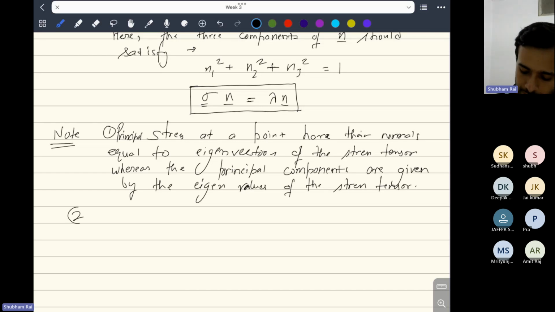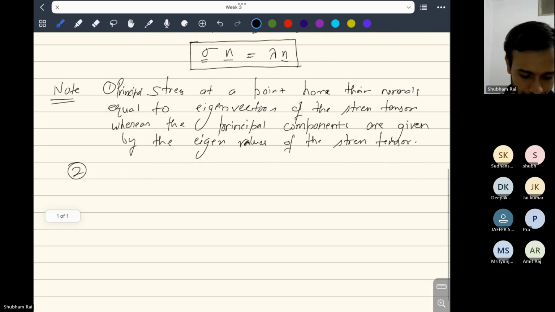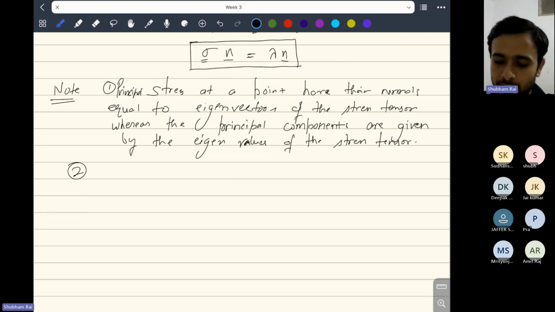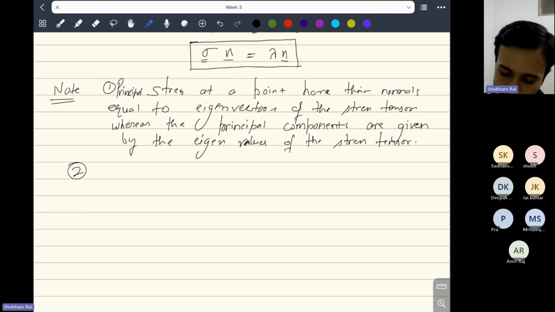So the second point is: at a point, you know that this sigma is a 3 cross 3 symmetric matrix, and this n is a normal vector. It also has three components. So this problem will have at most three different eigenvalues, and corresponding to each eigenvalue, there will be an eigenvector.